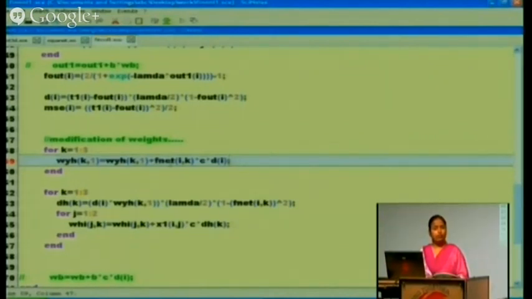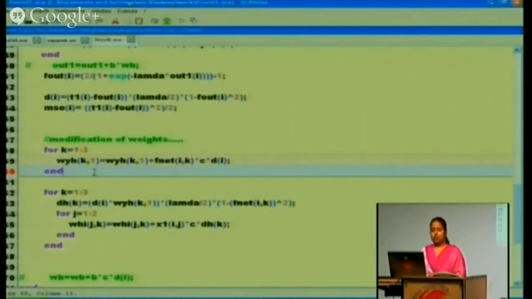F of net is the output from the previous layer, because it is now the input for the output neuron, right? C is the learning constant that I was telling you. So di is the delta value, into C into the input, which is the f of net. This way the updation is done in one line only, as I have explained earlier.